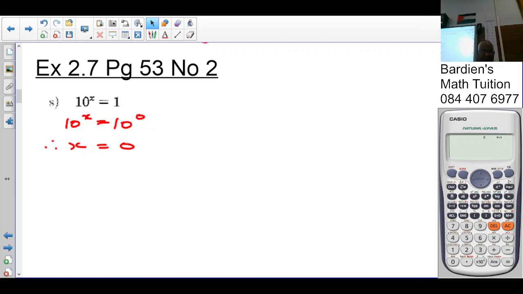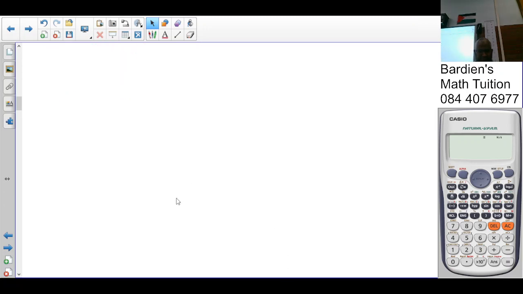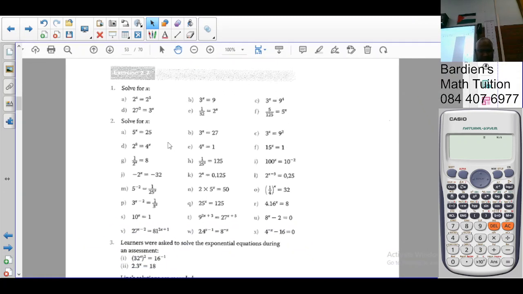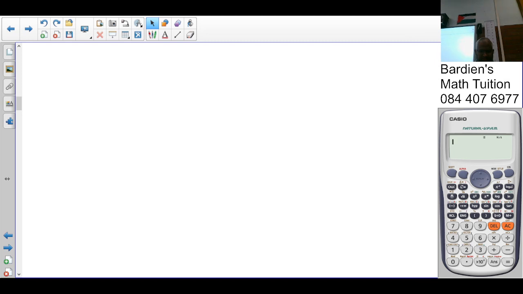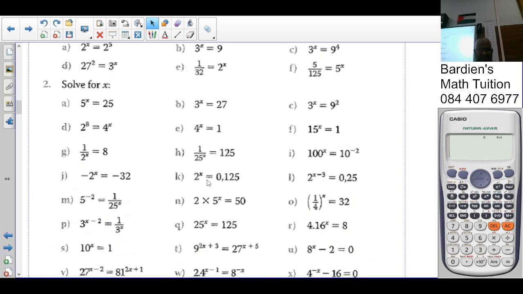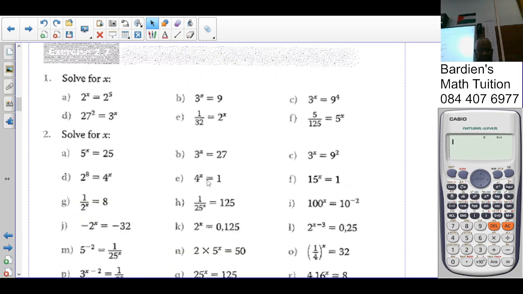What I do is I'm going to copy this here. There's a second column, inclusive of number 3.